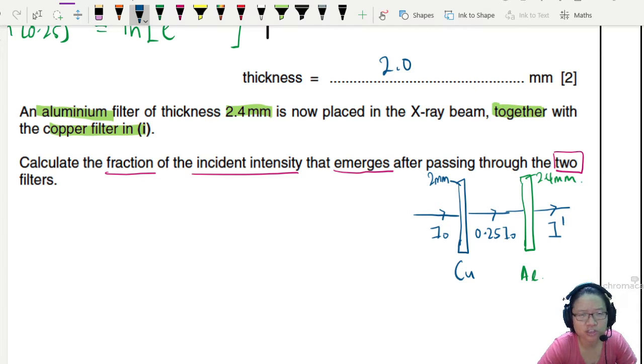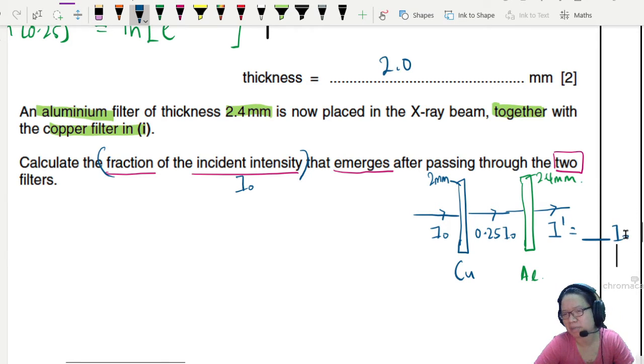They want the fraction of the incident intensity, meaning I want something that looks like 0.25 I0, in terms of the incident intensity I0. So I want to find I prime as something times I0. This is 0.25 I0, right?